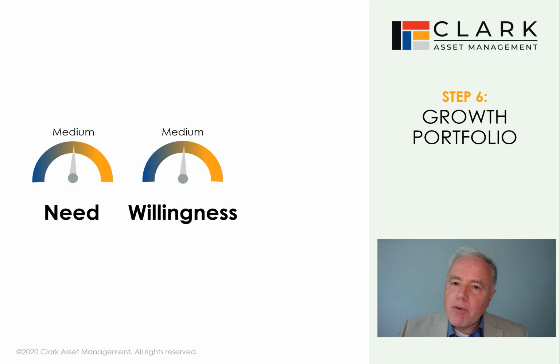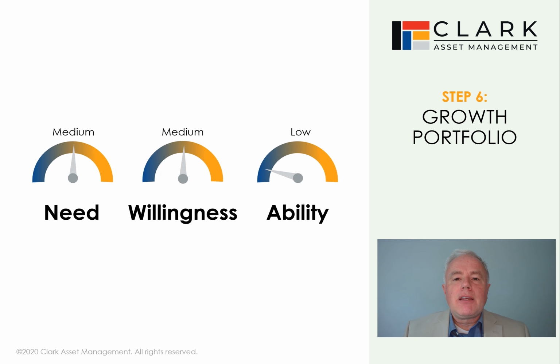Your willingness to bear risk is your emotional or psychological response to fluctuations in the stock market. Your ability to bear risk is your ability, let's say, to go back to work after you retire if the stock market does very poorly. Most people are not willing or able to do that. So let's say your need is medium, your willingness is medium, and your ability is low.